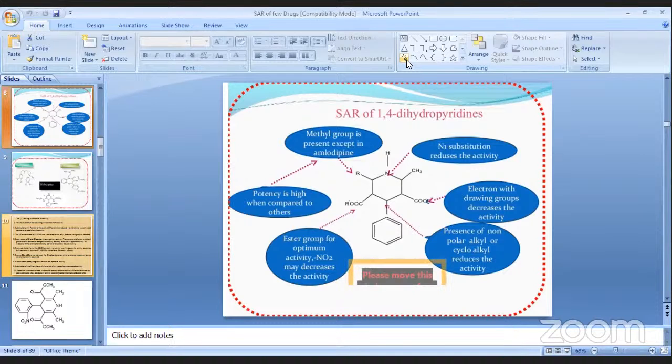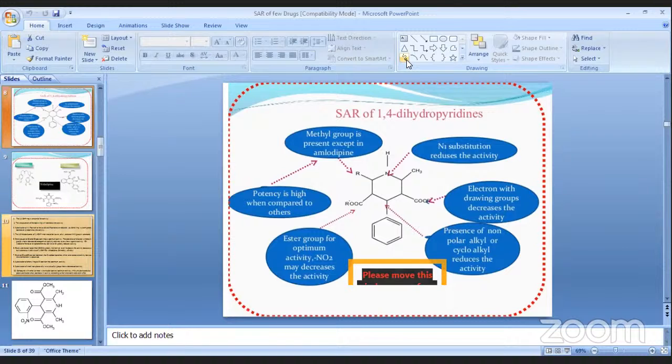There is an ester, COOR, an ester group, at the 3 and 5 positions. If you replace this ester group, the optimum activity decreases. If you add a nitro group to the ester group, then the activity will decrease.